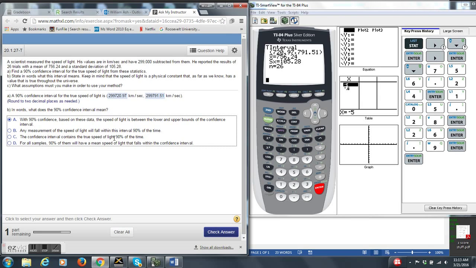The confidence interval contains the true speed of light 90% of the time. No, not this confidence interval; we're talking about all confidence intervals. And this is for all samples, 90% of them will have a speed of light that falls within this confidence interval. Again, not true. We're not talking about the samples, we're talking about the confidence interval. This one is saying pretty much exactly 90% confidence.